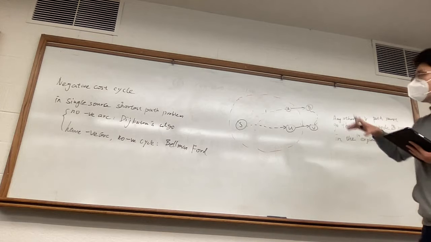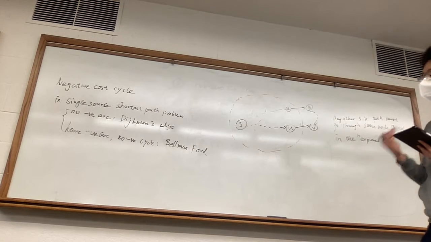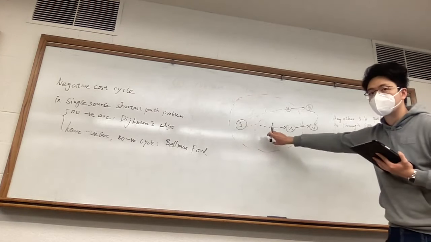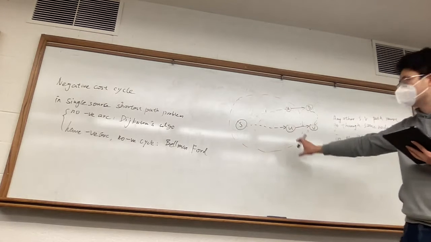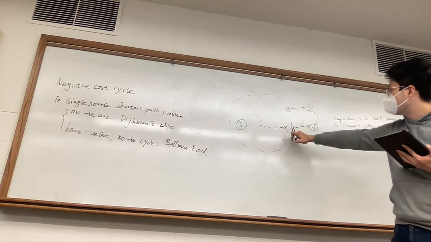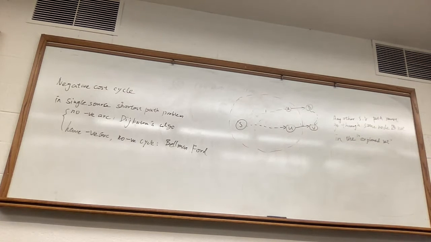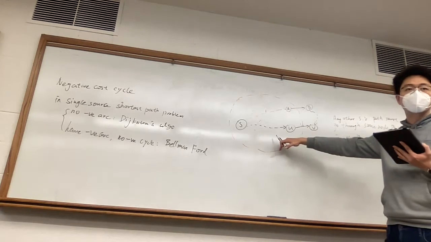Because in every iteration of Dijkstra, you need to choose the node outside of the red circle such that it has the shortest distance. So suppose in the next iteration, you choose V, and you connect U to V. Then I say that for any other SV path, you must go through some node B that is not in this red circle. Why?